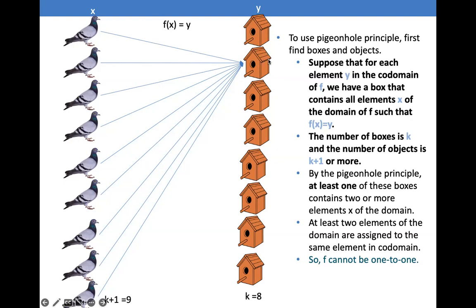By the pigeonhole principle, at least one of these boxes will contain 2 or more elements of the domain, and we can see that it is true. At least one pigeon is mapped to this only one pigeonhole. So we can say that this mapping cannot be one-to-one.